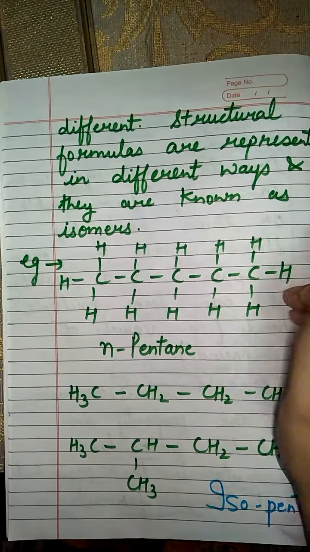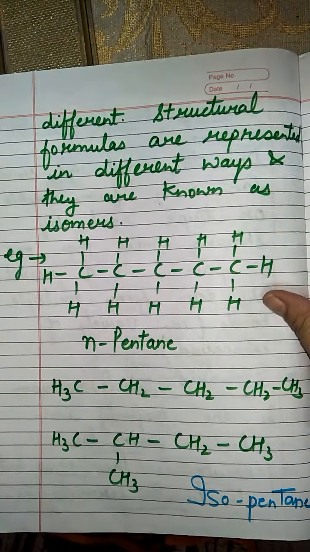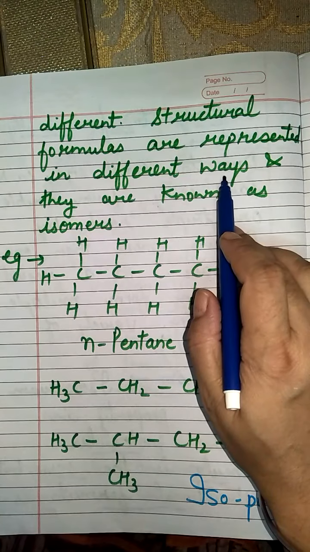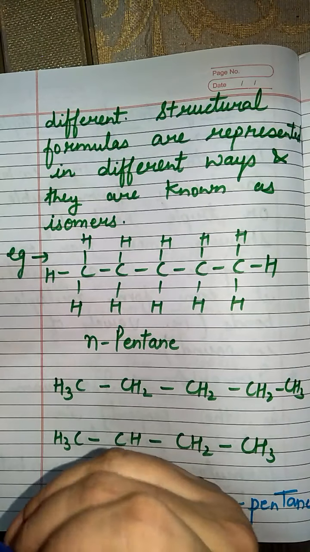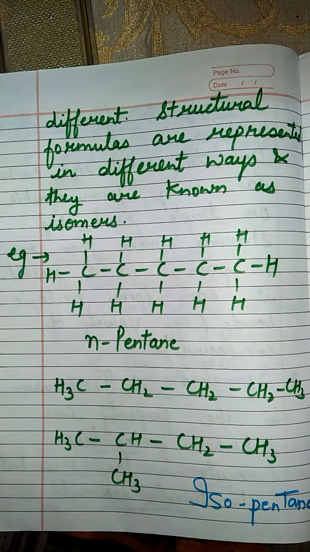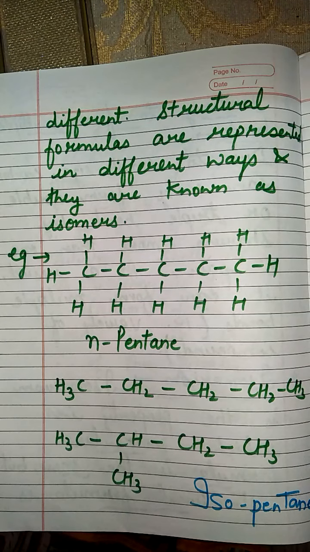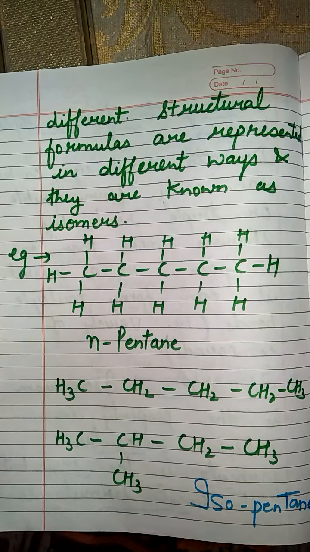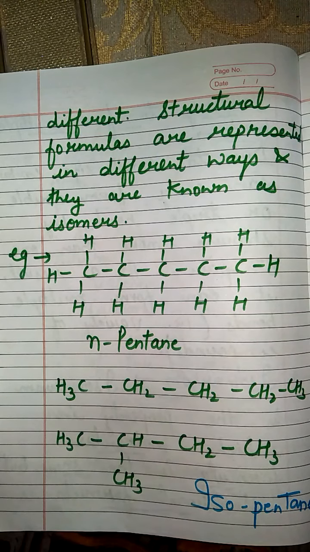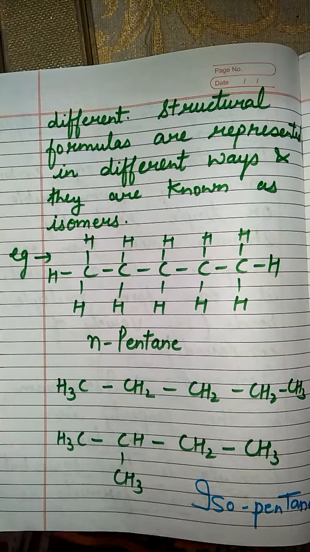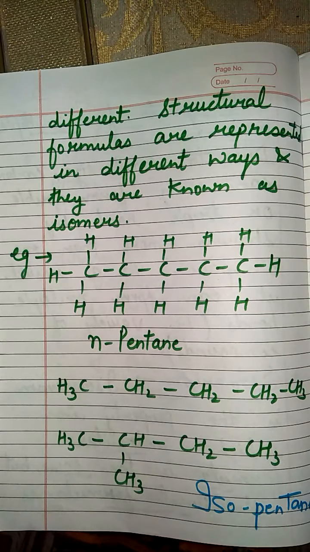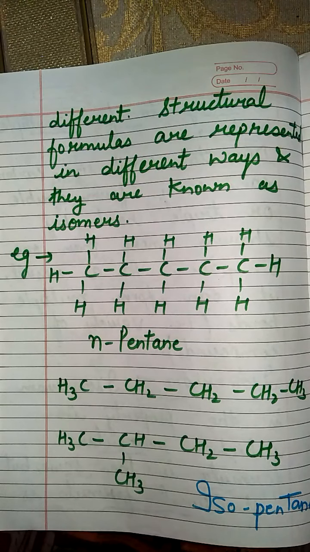These structural formulas are represented in different ways and they are known as isomers, and this property is known as isomerism. What is isomerism? Isomerism is the property in which the structural formulas will be different but the molecular formula will be the same.